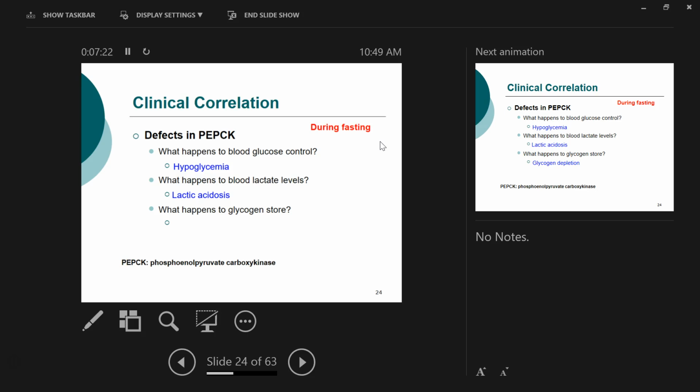Gluconeogenesis is one, right? And what is the other pathway that also contributes glucose to the circulation? Glycogen breakdown, right, in the liver.